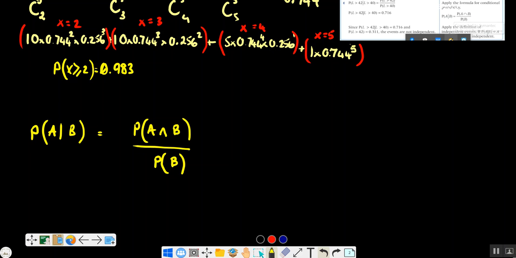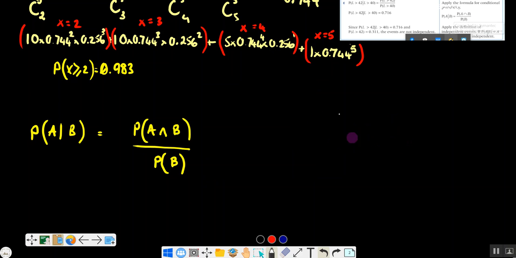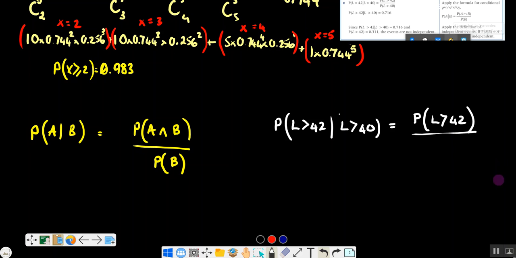Okay. So what they've got in their solution, so we'll look at what they've got. They're saying that therefore the probability that the length is greater than 42, given that I already know that the length is greater than 40, can be found by doing the probability that the length is greater than 42 divided by the probability that the length is greater than 40.